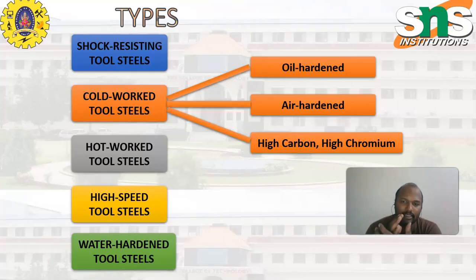As the name implies, these are used in the machining process where a high impact is made. So for example, in a smaller way, you can say in the construction works, you can see sledgehammers are used to break the TMT rods.